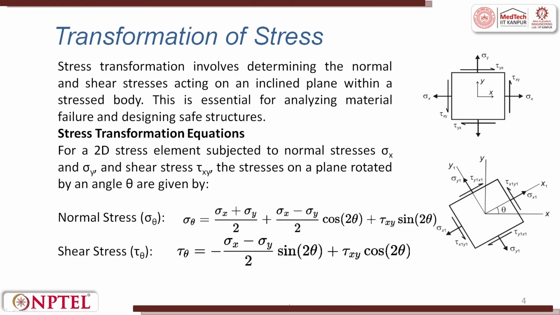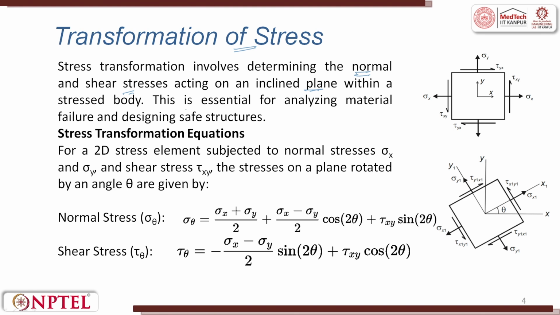So, how do you do transformation of stress? We will discuss that in this slide. The stress transformation involves determining the normal and shear stress acting on an inclined plane. So, this is a plane, and you are trying to do this at an inclination of theta.